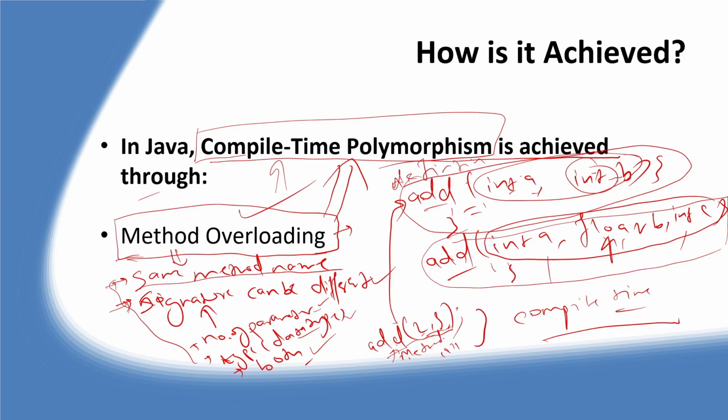In the previous slide we have seen, it is also known as static polymorphism and early binding. Why early binding? Because method binding is happening early, during compile time.